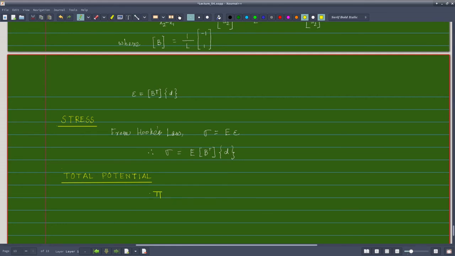So pi is equal to my strain energy for the element, so half of, for a general 3D element we can write it as sigma into epsilon transpose, or sigma transpose into epsilon dV when we integrate over the volume.